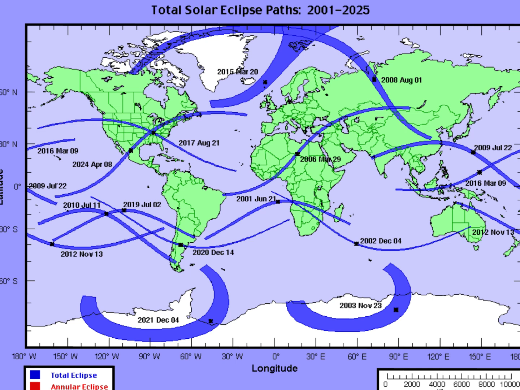Note that the solar eclipses of 2017 and 2024 are visible to part of the United States, but only those directly on the curved paths will experience a total solar eclipse. Areas to the sides of these paths may experience a partial eclipse, though.